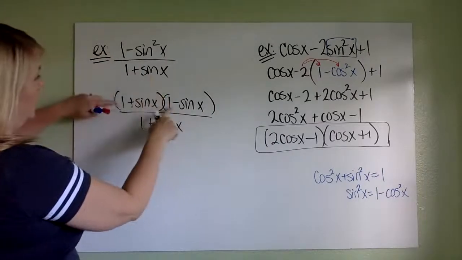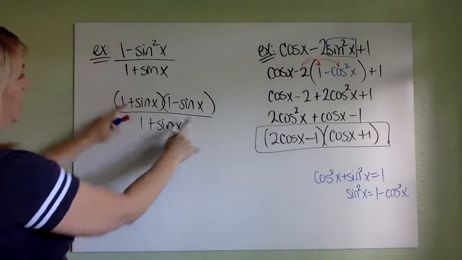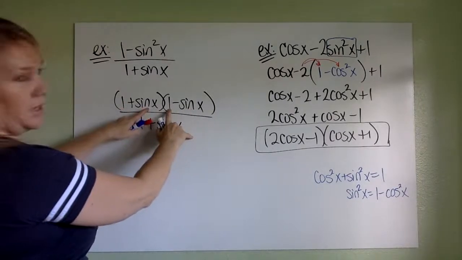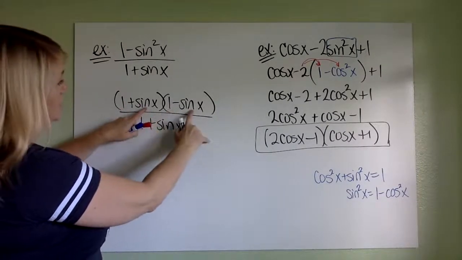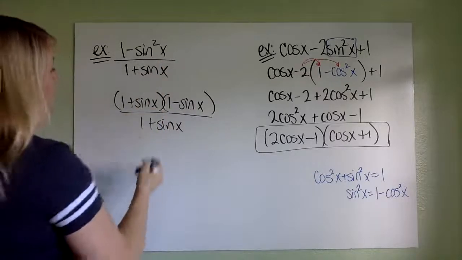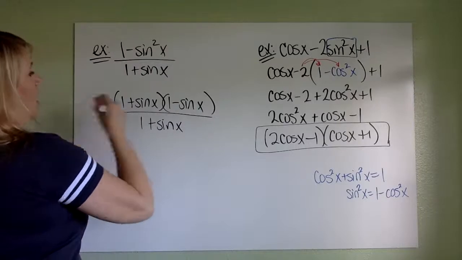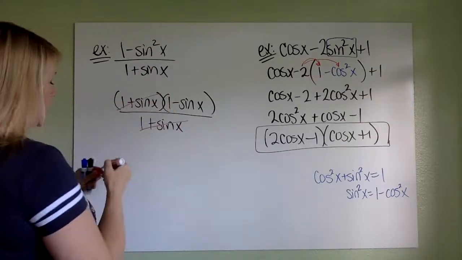So how does that work? 1 times 1 makes your 1. Out here, you'd get a negative sine x, and in here, you'd get a positive sine x, which would cancel each other out. And then a sine times a sine makes the sine squared. And then I can cancel this 1 plus sine on the top with this 1 plus sine on the bottom.